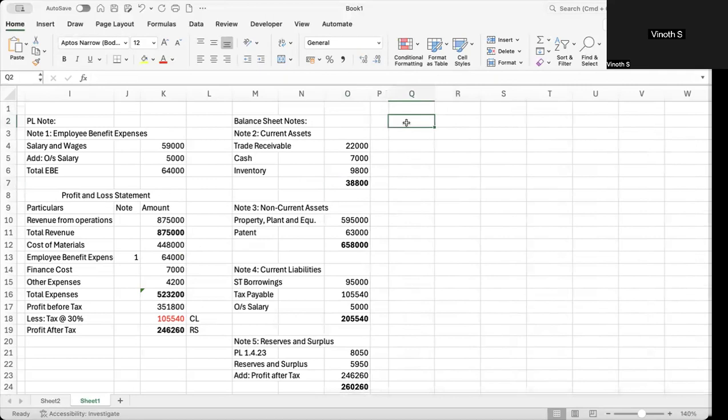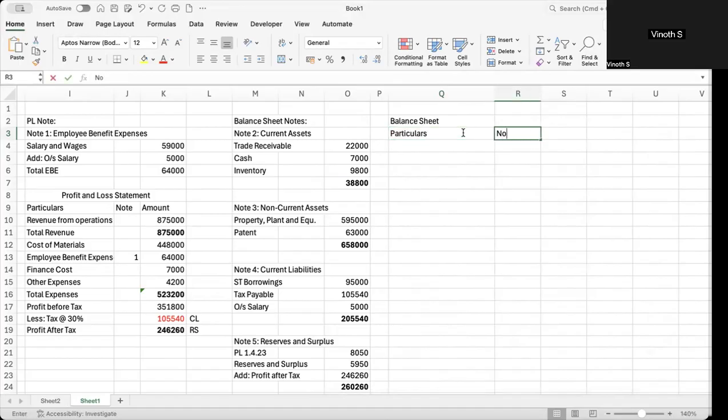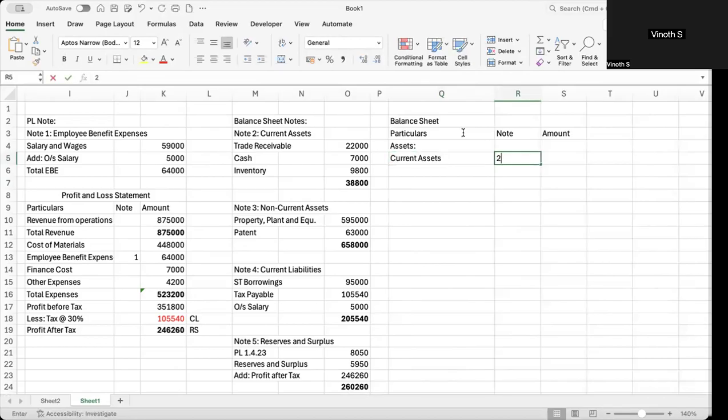That is the balance sheet. Balance sheet, particulars, note, amount. So first are the assets. Under the assets, first item is current assets. Please follow this structure only. The note number is 2, 38,800.